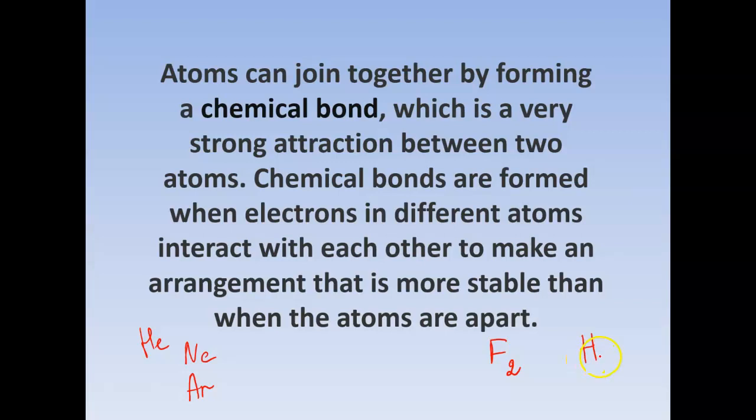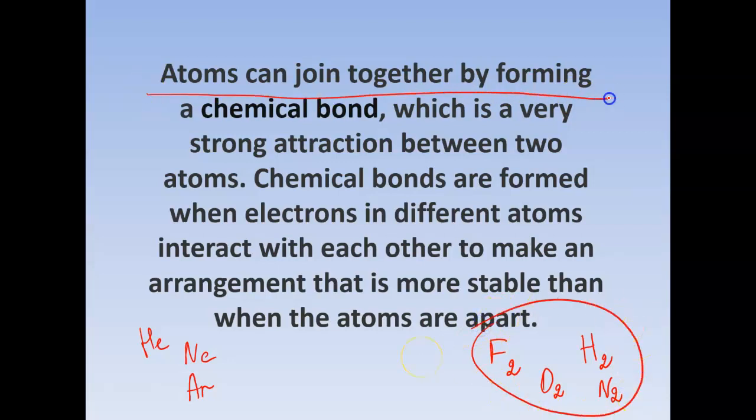So H2. The same as oxygen, O2, the same as nitrogen, N2. And this is a great example that atoms can join together by forming a chemical bond, and this chemical bond formation makes molecules more stable than single atoms.